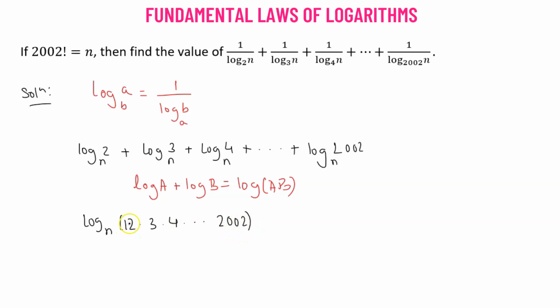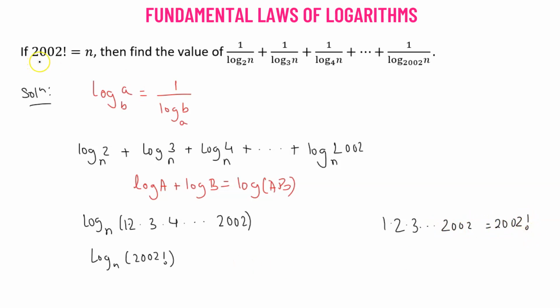Now here we can also include 1. Now the multiplication of 1, 2, 3, 4 all the way up to 2002 is our factorial 2002. So 1 multiplied by 2 multiplied by 3 all the way up to 2002 equals 2002 factorial.